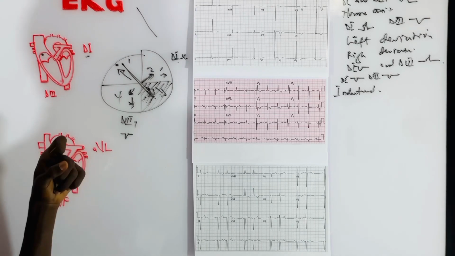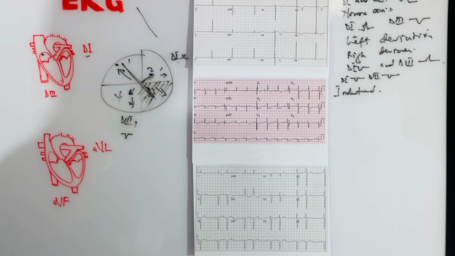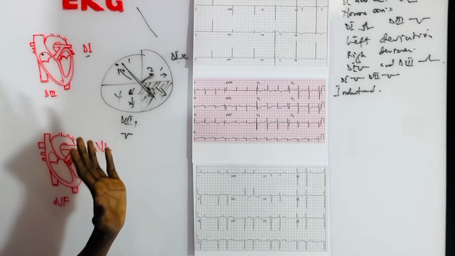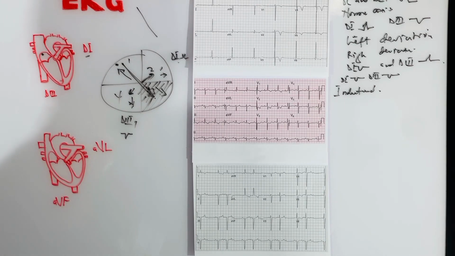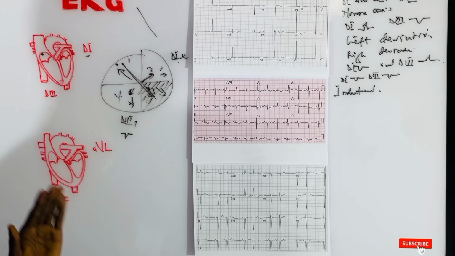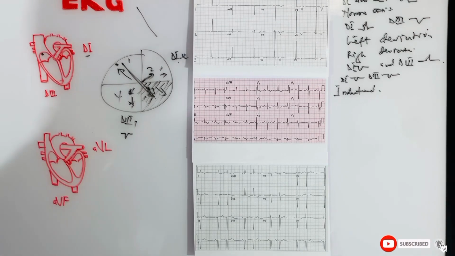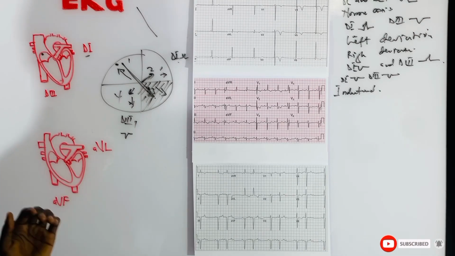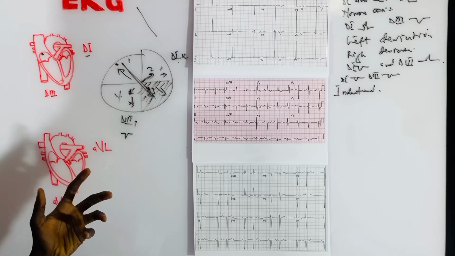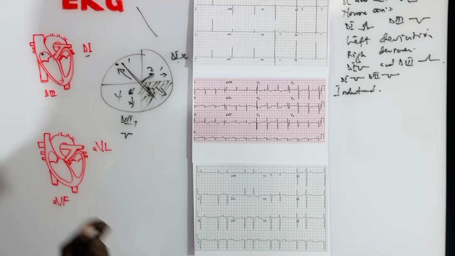Which gives you D3 a positive reading and D1 a negative reading. And the left deviation is where the vector will be moving towards D1, that's the second quadrant, giving D1 a positive reading and D3 a negative reading, and indeterminate when both the D1 and D3 are negative.